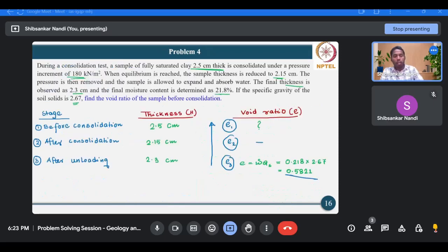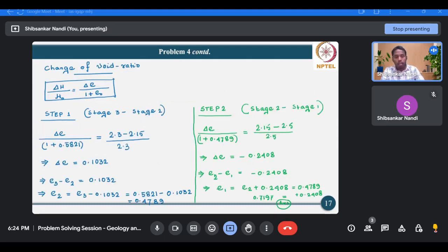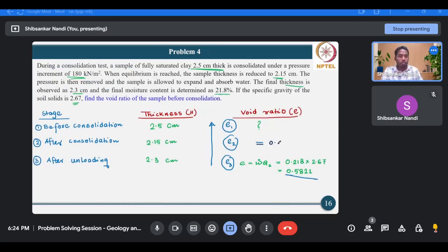If we write it in this box, this value is 0.4789, and this value we have got is 0.7197, and this is the answer.